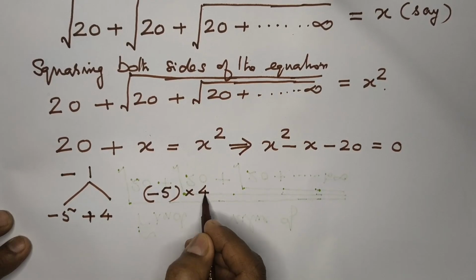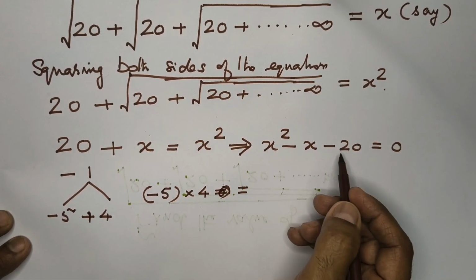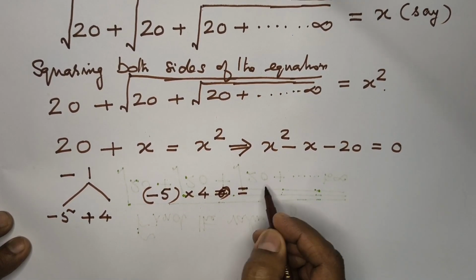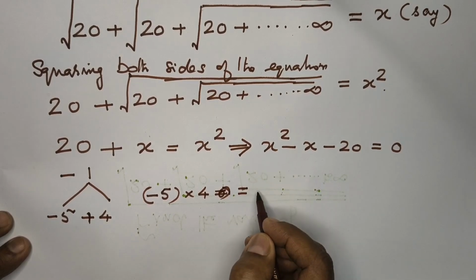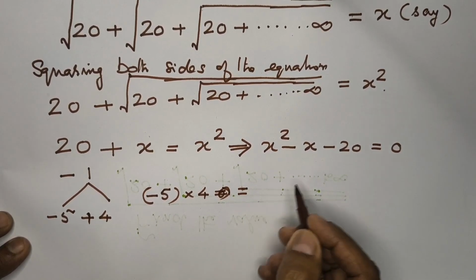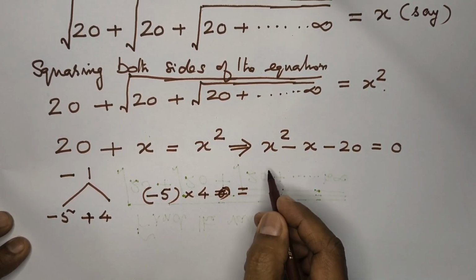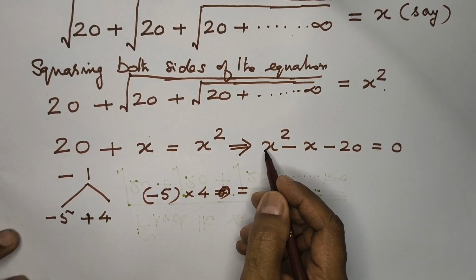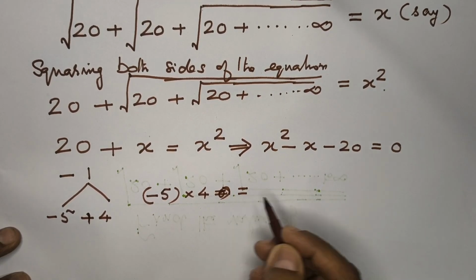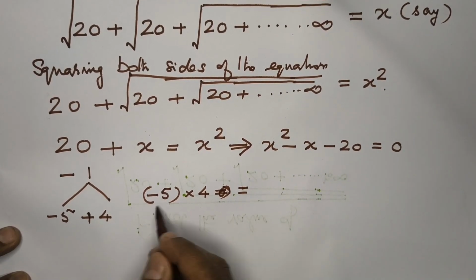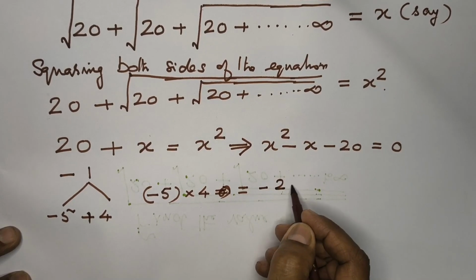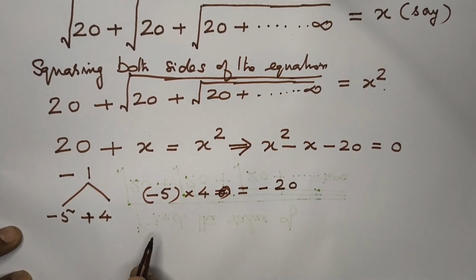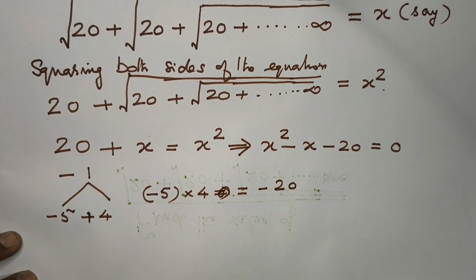That should be the constant term into the coefficient of x squared. Constant term is minus 20, and this coefficient is 1. So minus 20 into 1 is minus 20, which is what you are getting from this. If you split the middle term like this, you will be able to factorize it.